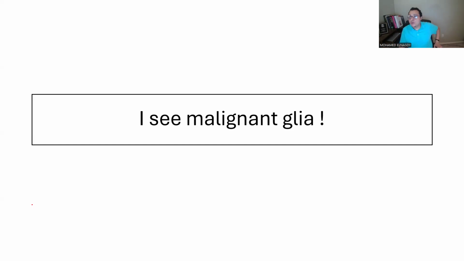Anybody know what immunohistochemistry we use to confirm brain invasion in meningioma? GFAP? Yes, good job. GFAP highlights the reactive gliosis that happens in the brain tissue due to the invasion by the meningioma.